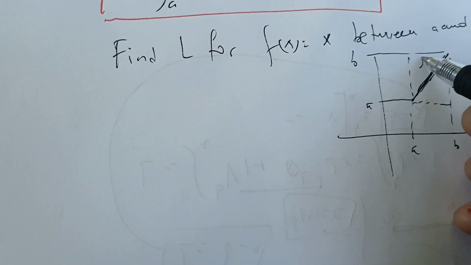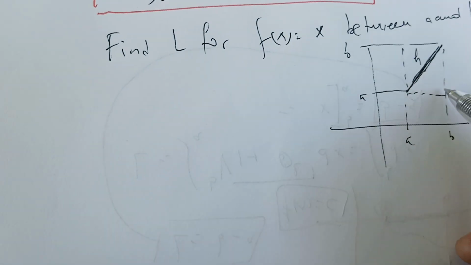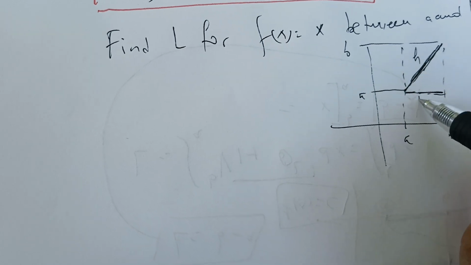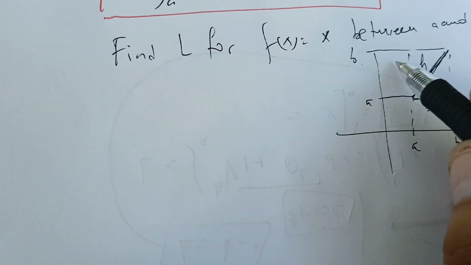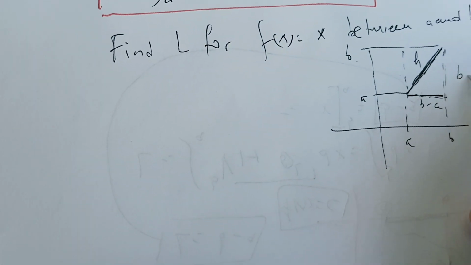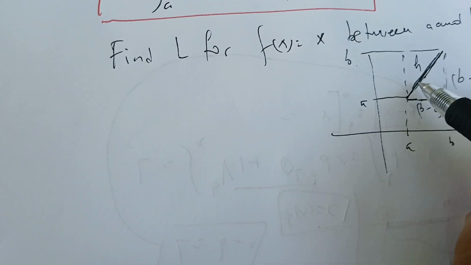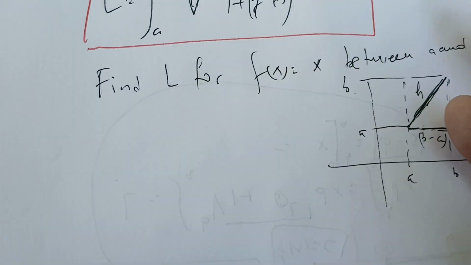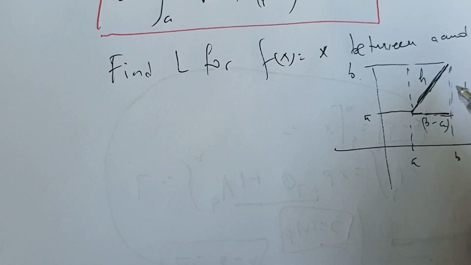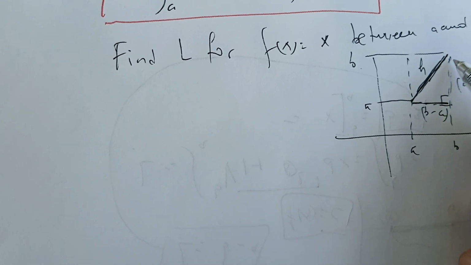I'm going to call it h. Now this segment here is b minus a, and the same thing for this one here, b minus a. Because the function is giving me itself, I have a right triangle here.